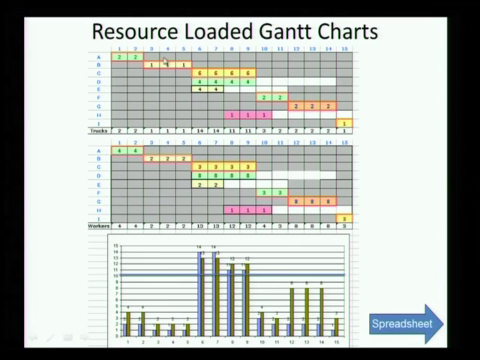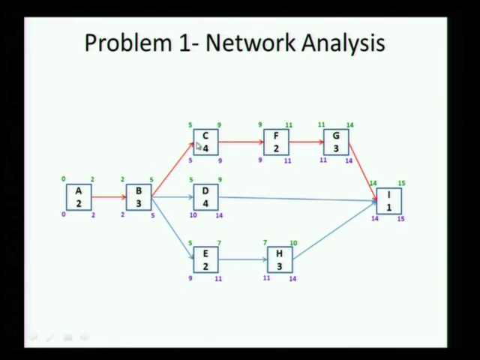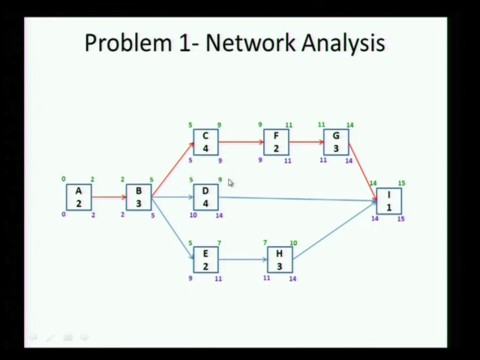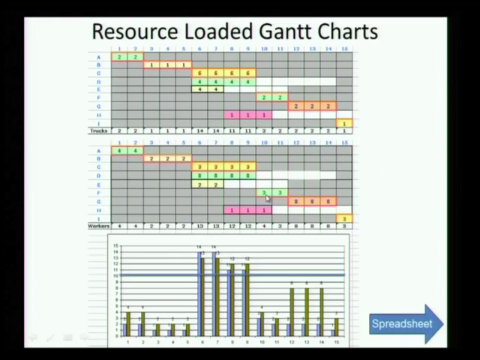All of the other activities have float, and when you look at D, it has float all the way till the end. E right now has no free float unless H moves. So to get any float for E, I have to move H, and H moves only up to 40.